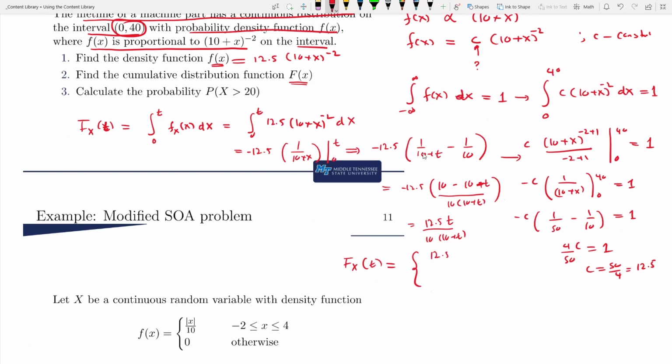It would be 12.5 t divided by 10 times n plus t if t belongs to 0 to 40. It would be 0 if t is less than 0 and 1 if t is more than 40.